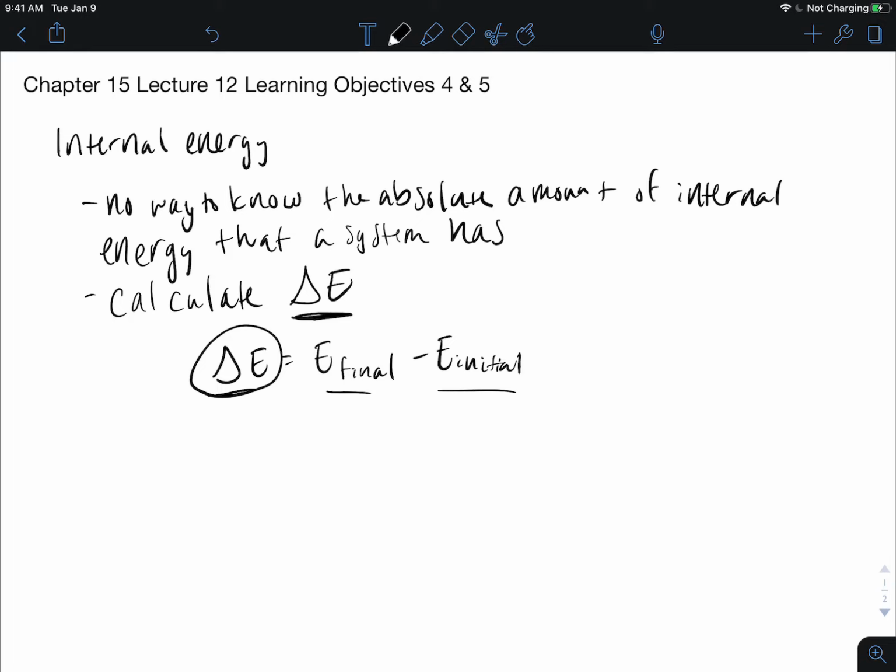This is a state function. So we can determine our delta H by taking our H final minus our H initial, right? And we say that is a thermodynamic quantity equivalent to the total heat content of the system. So it is related to heat flow.